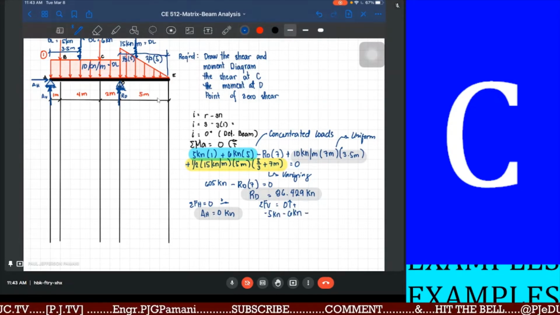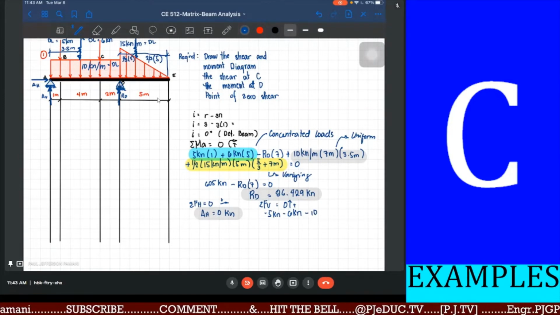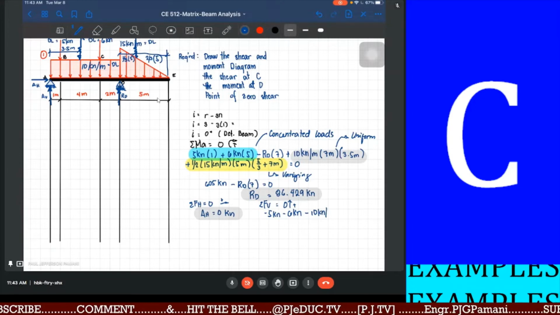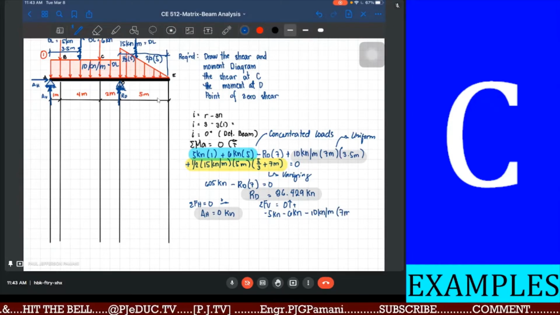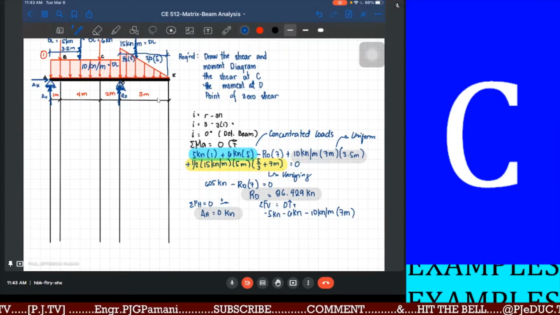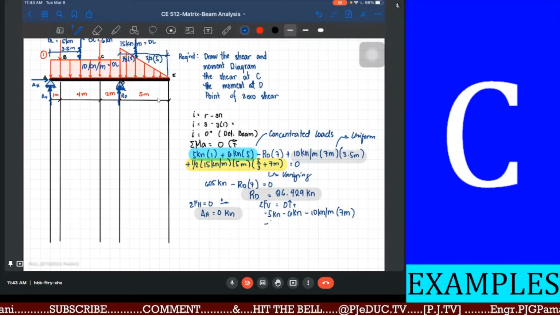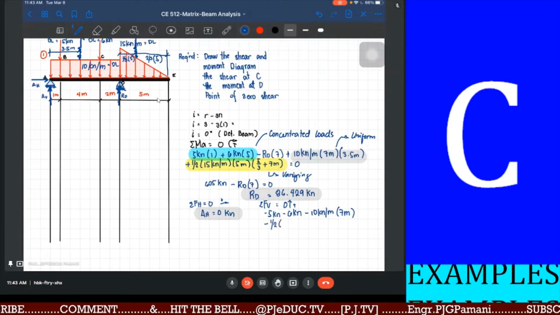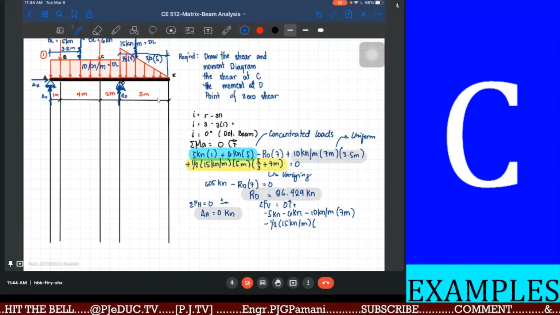The resultant of the uniform load, which is 10 kilonewton per meter applied at a total span of 7 meters. Para constant tayo sa unit, matanggal yung meters, so we'll have kilonewton. And the varying load downward as well, area of a triangle, 1/2 of 15 kilonewton per meter, span is 5 meters.